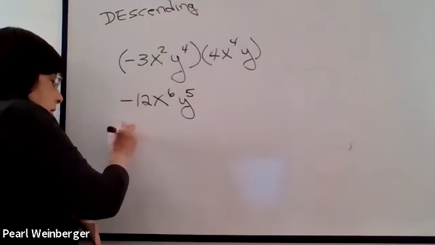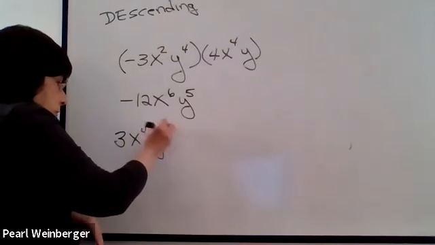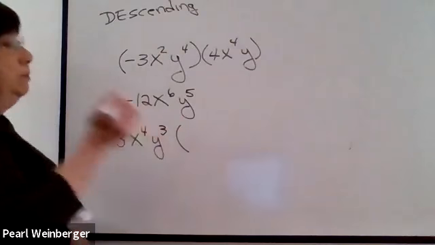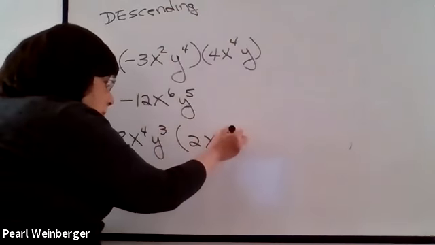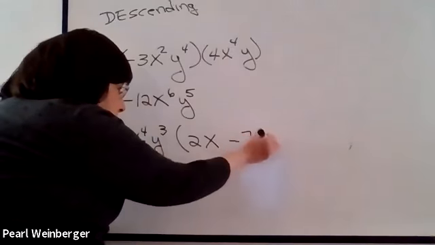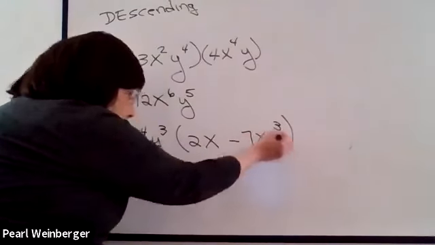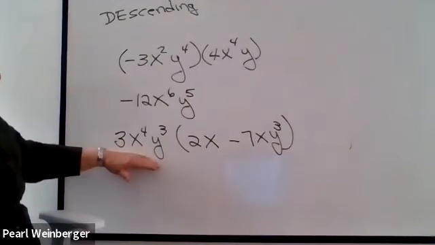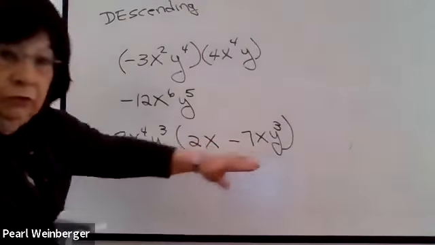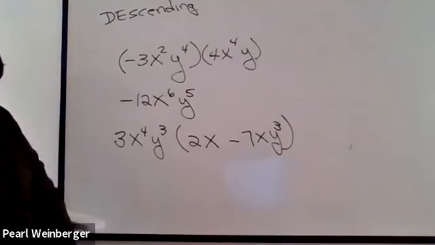Let's say I have 3x⁴y³ times a binomial, 2x minus 7xy³. How do we multiply a monomial times a binomial? Or in general, how do we multiply a single term times a polynomial?